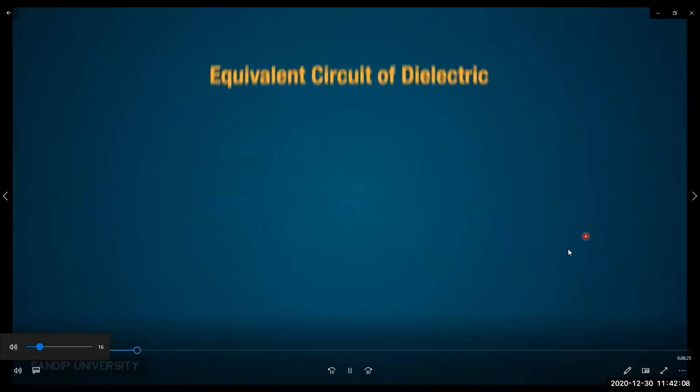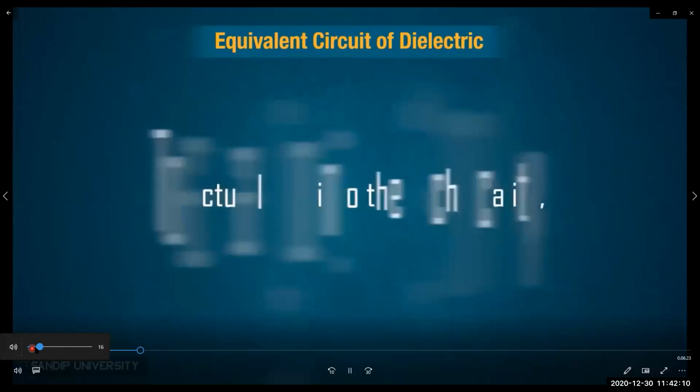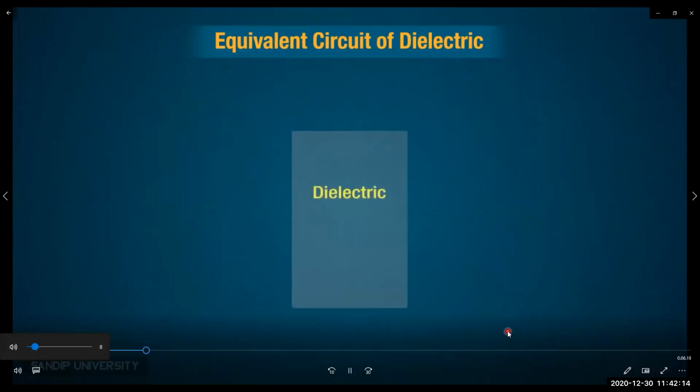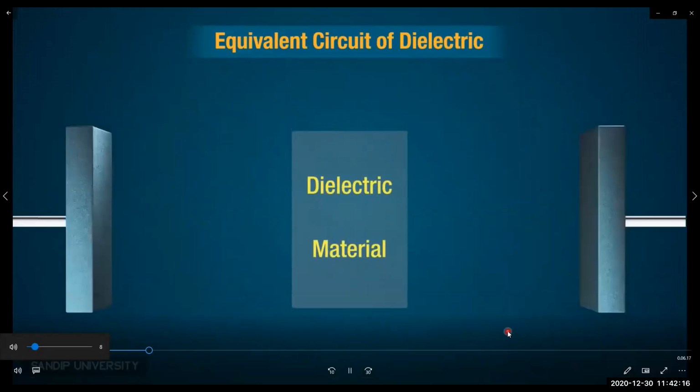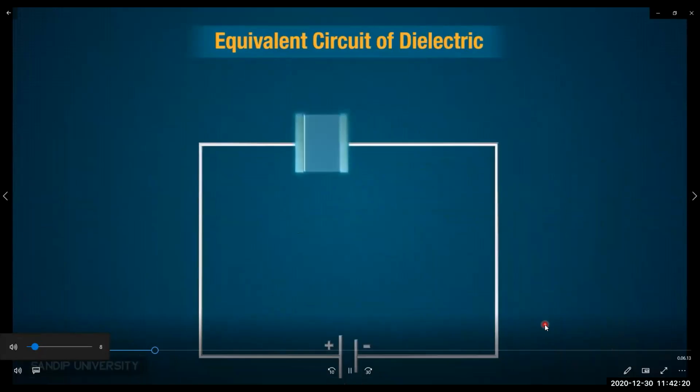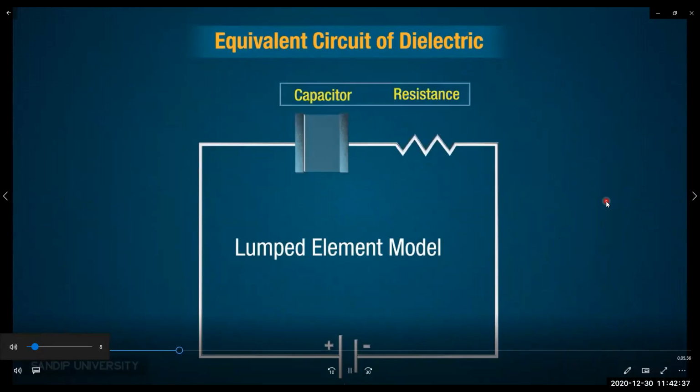Then the equivalent circuit of a dielectric material. Let us assume a dielectric material between two plates. If you apply a high voltage to this dielectric material, an electric field is established between the two plates. Considering a lumped element model, it is just like a capacitor in series with a resistor.